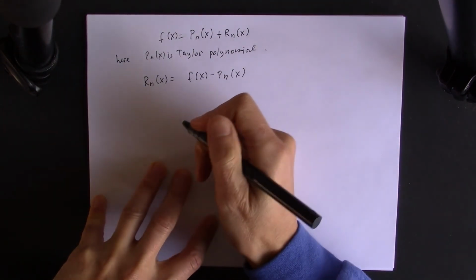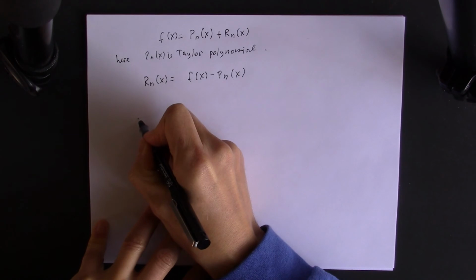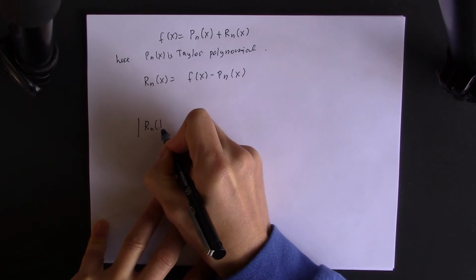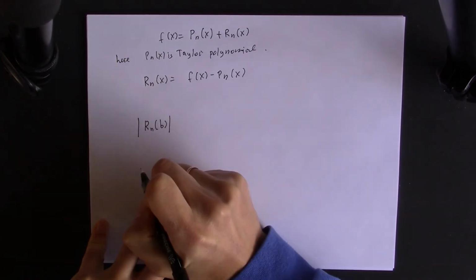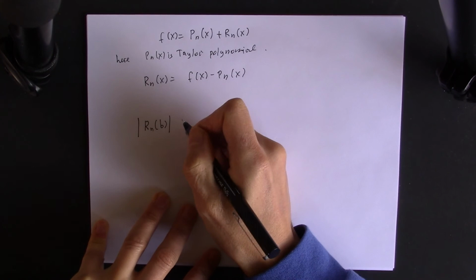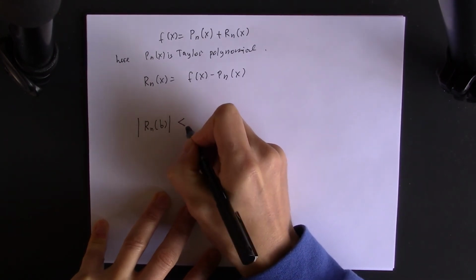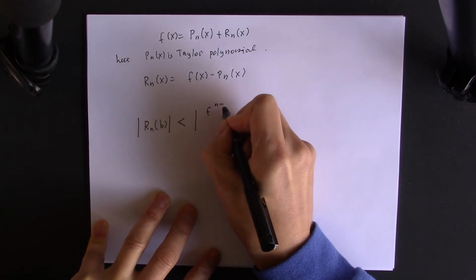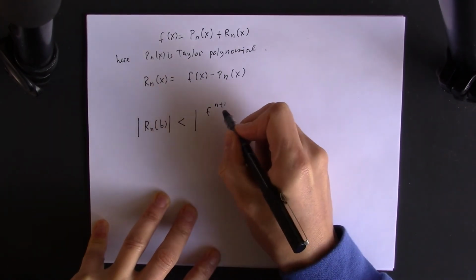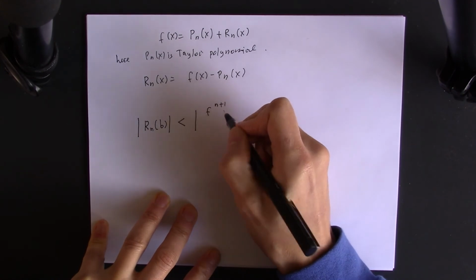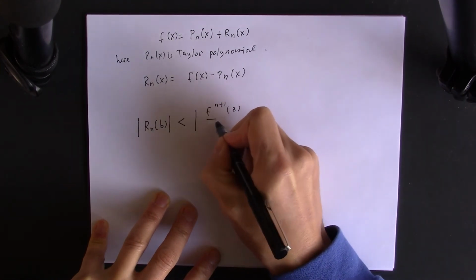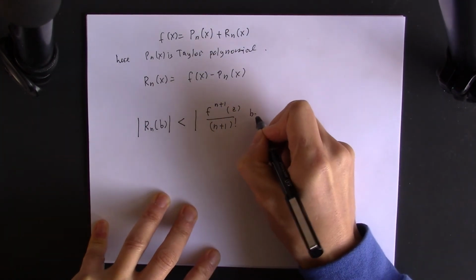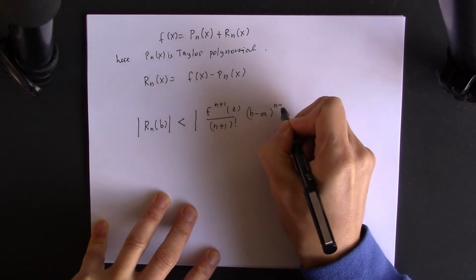So we want to make the following statement. If we want to find our error when x equals b, then it's going to be less than the absolute value of the n plus first derivative of the function at z divided by n plus 1 factorial times b minus a to the n plus first.